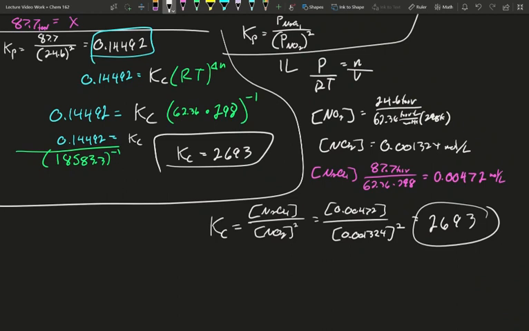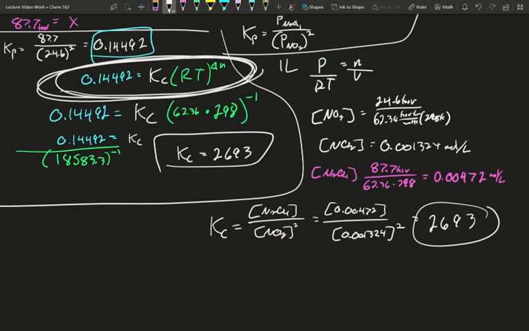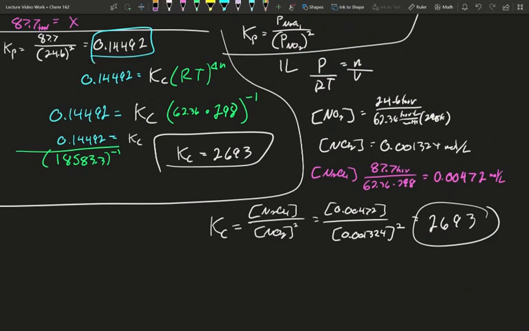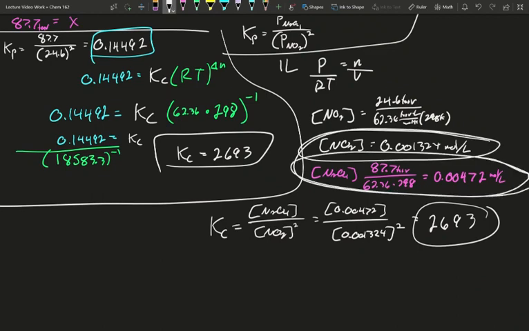So we get the same Kc whether we use the direct relation of Kp to Kc through the change in moles in RT, or whether we actually take those moles and the volume they're in, find the concentration of each of those reagents in that volume, and plug them back into the Kc equilibrium expression.